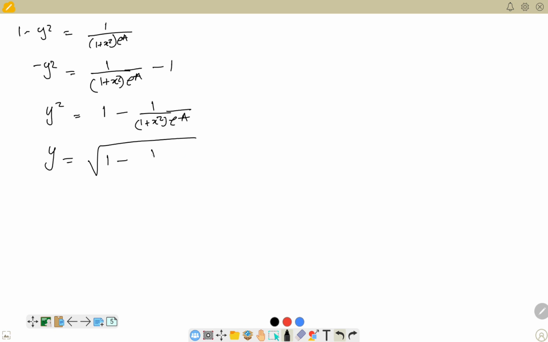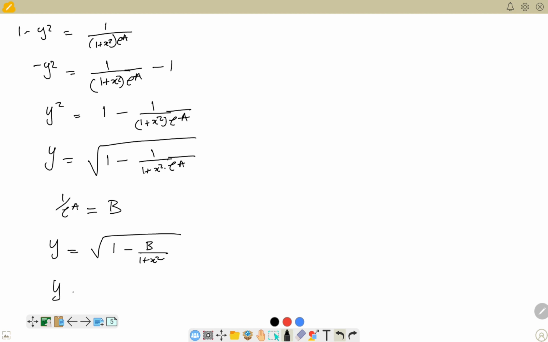One minus 1 over 1 plus x squared e to the power a. However, if you want to style it, you can say 1 over e to the power a is equal to b. Call it another constant now. It's going to be y is equal to 1 minus b over 1 plus x squared.